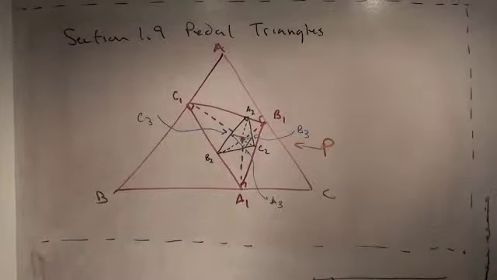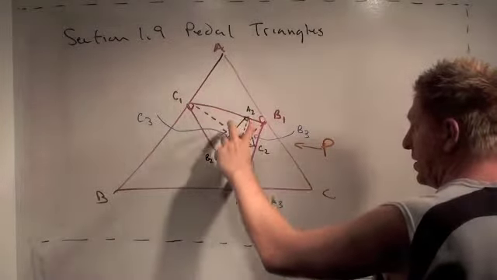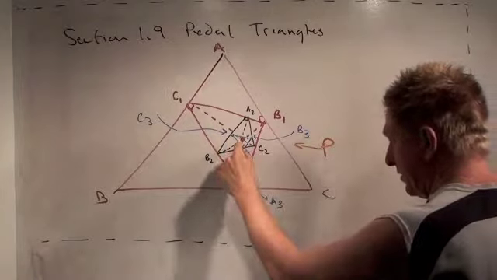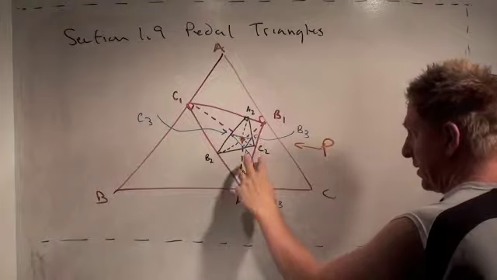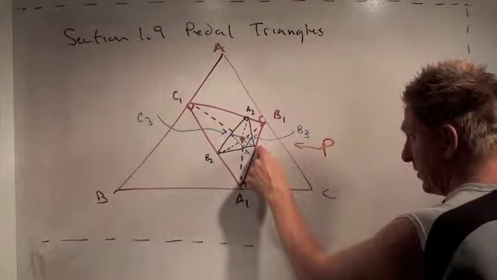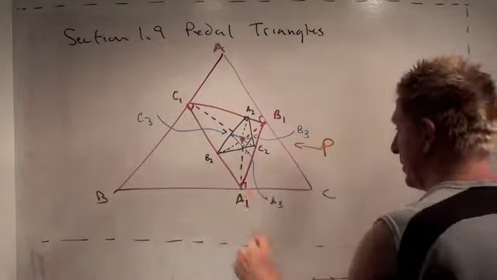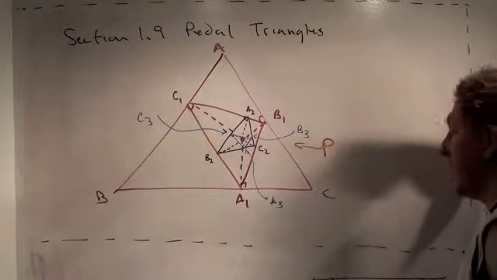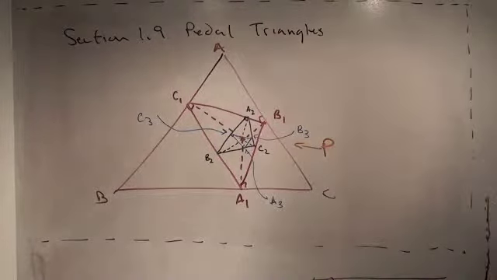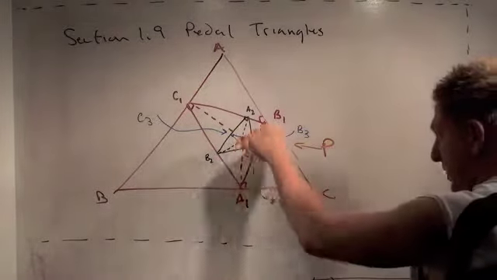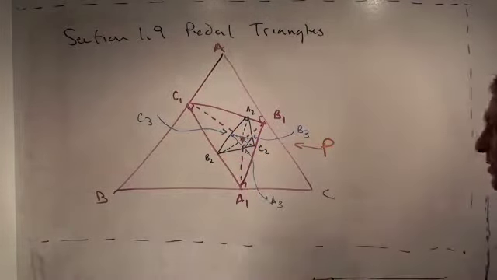And from there, I just do exactly the same thing again. Inside of the first petal triangle, I drop perpendiculars to each side again. Now this is my purple triangle. So I draw on this second triangle in black, I drop a perpendicular to this side at C2, perpendicular to that side at A2, perpendicular to that side at B2, and that's my second petal triangle. And then I do it again. Inside the second petal triangle, I drop perpendiculars, and I get this triangle A3, B3, C3.